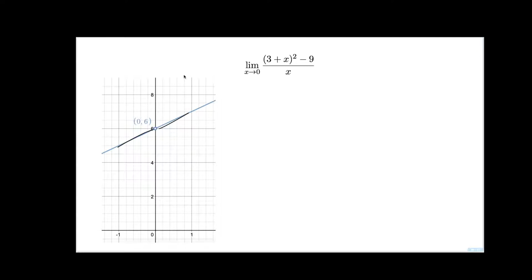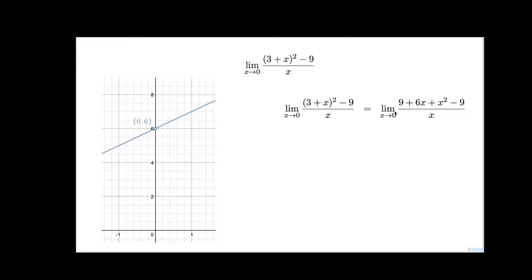Now let's see if we can figure out why this is the case analytically or algebraically. So let's go ahead and expand this expression in the numerator. We're going to get 9 plus 6x plus x squared, and then minus 9, all of that over x.